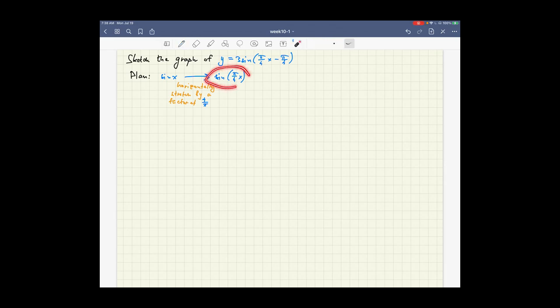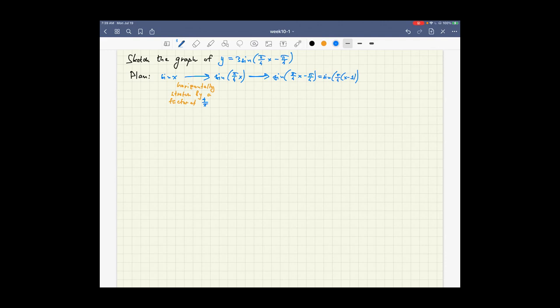The period of this function, as we will see, will be greater than 2 pi. Then we will produce the graph of the function sine of pi over 4x minus pi over 4, which I'd rather write as sine of pi over 4 times x minus 1.